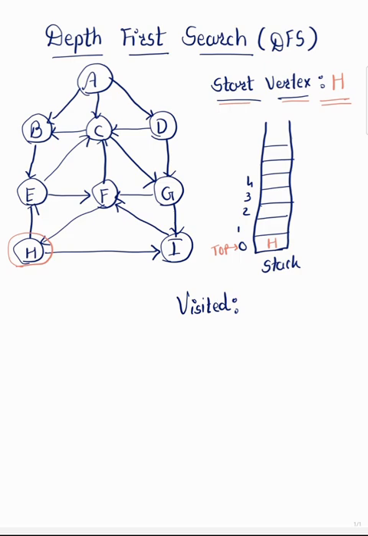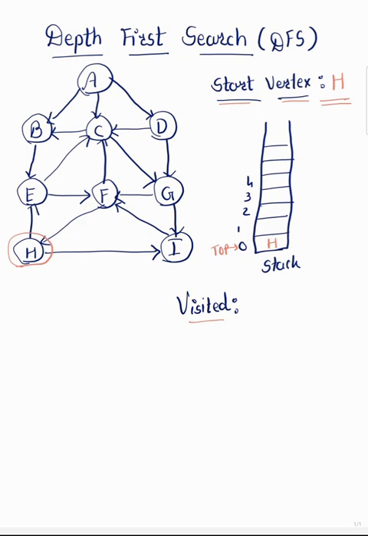What are those steps? You pop the topmost element from the stack, and the element that has been popped is considered visited. And you need to push its adjacent vertices to the stack.